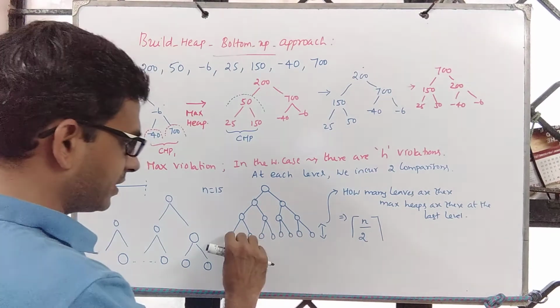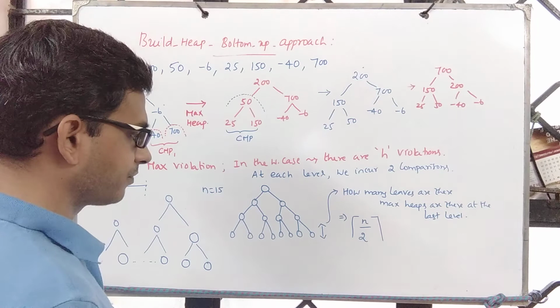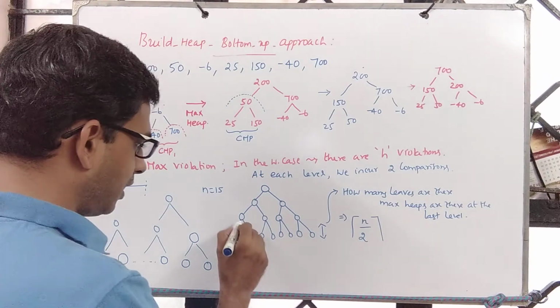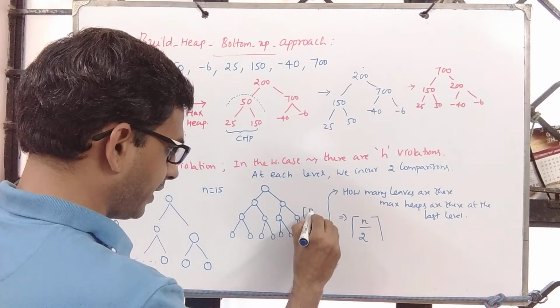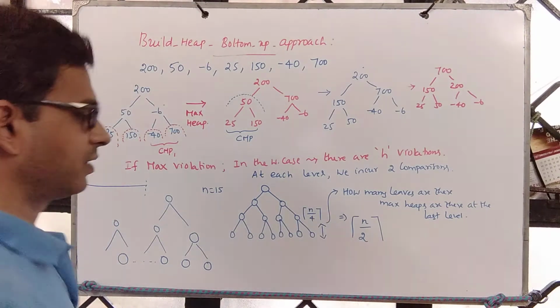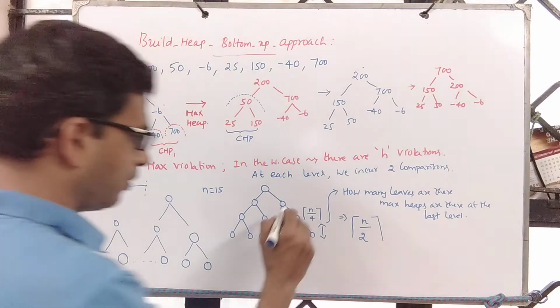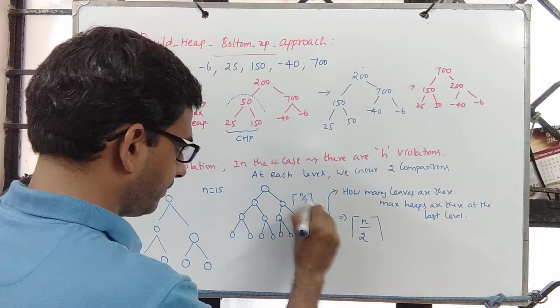If you look at this, there are 8, which is this, right? Then how many are there at this level? This would be n by 4. Correct? Now, how many are there at this level? There are n by 8.